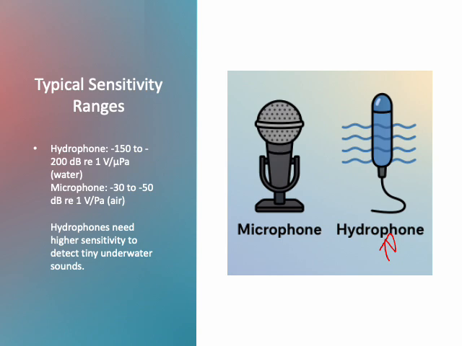Microphones used in the air are typically between minus 30 and minus 50 dB relative to 1 volt per pascal. Different environments, same principles. Both measure how much electrical output we get for a given sound pressure input. And that's the essence of sensitivity in acoustics. Thanks.